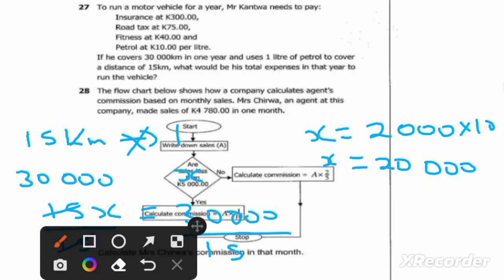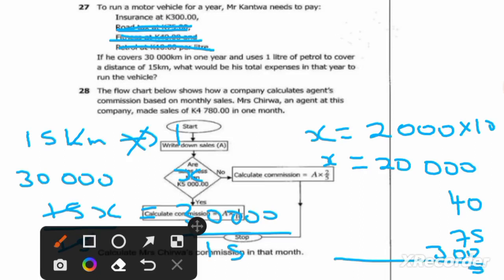So 20,000 kwacha plus fitness at 40 kwacha, plus road tax, which is 75 kwacha, plus insurance, which is 300 kwacha. Now let us add: 0 plus 5 is equal to 5.